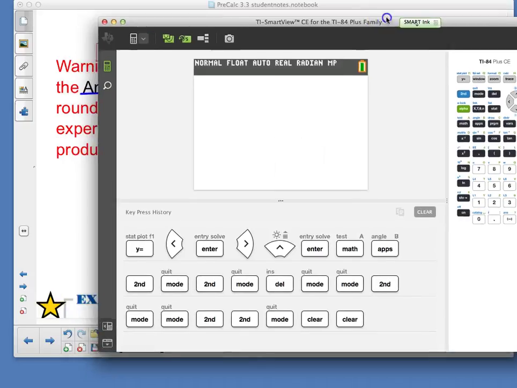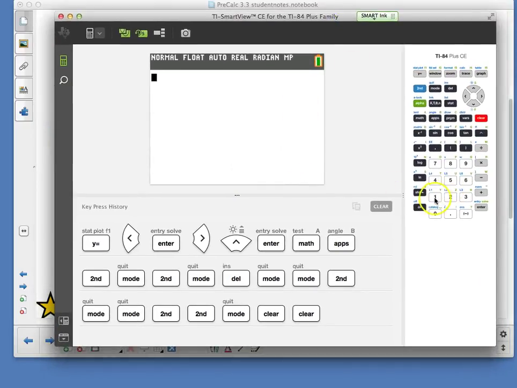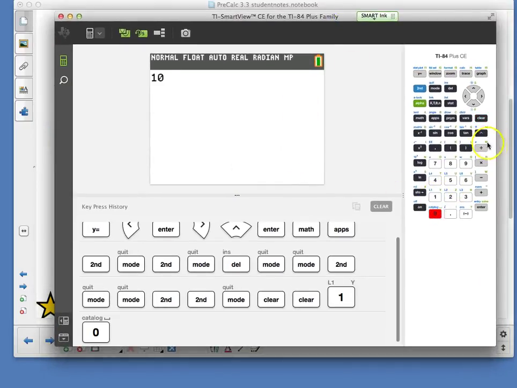So just to make sure that we know what we're doing, we got 10 raised up to... and I'm looking at my ans, but perhaps I should actually do my log.